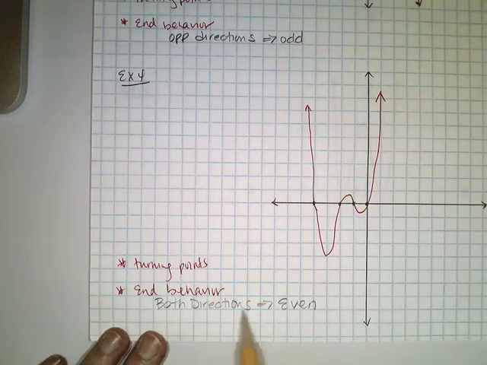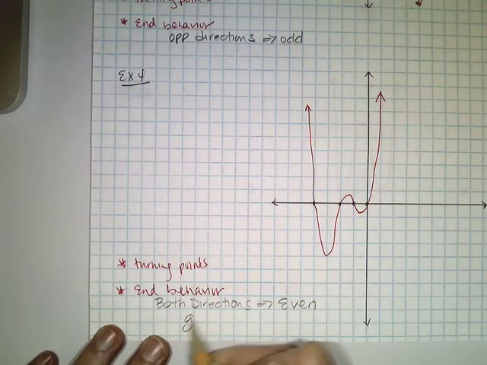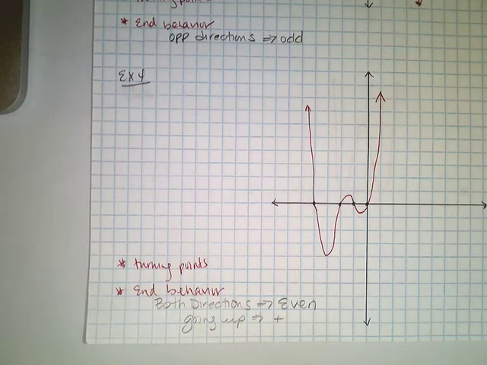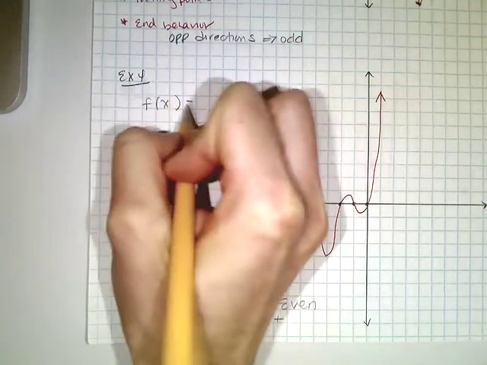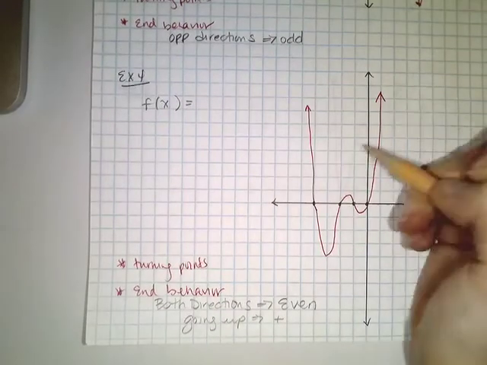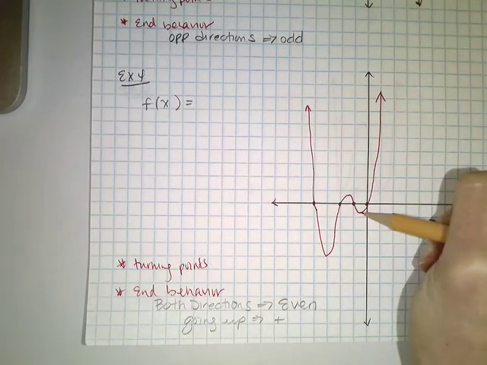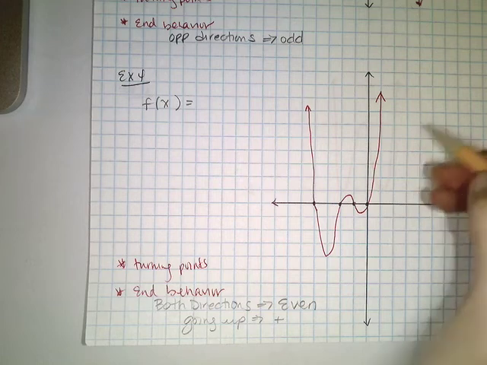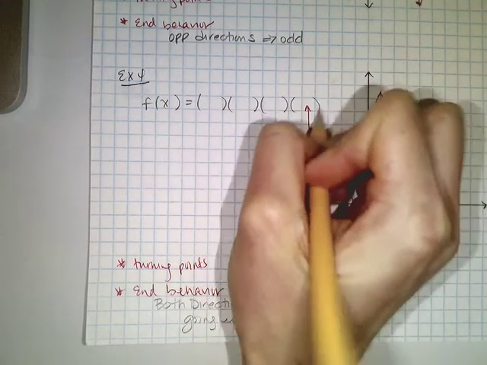So that means it's also a positive one, so we don't have to bother about putting in the negative. So f of x equals, the number of turning points is 1, 2, 3, so it's a 4th degree polynomial. So 1, 2, 3, 4.